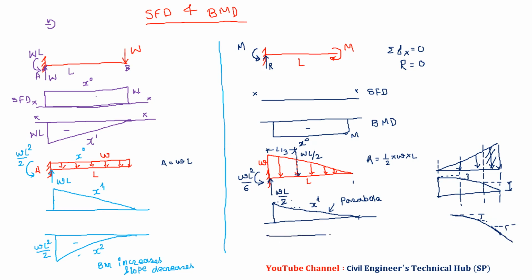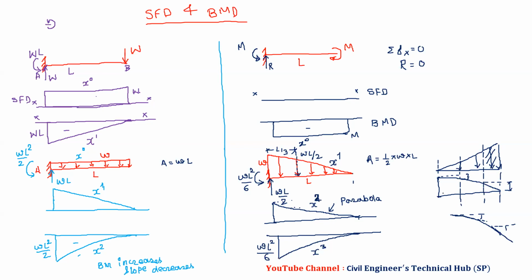And then we have the bending moment diagram. In the bending moment diagram, this is a parabola, x to the power 2. Sorry, this is x to the power 2 because already we have this as x to the power 1. Then if we go with this parabola, in this fashion it is x to the power 3, and the value we have is WL square by 6. Now you may ask what is the difference between a parabola and a cubic parabola. You cannot differentiate by looking; if you plot values, then you will see the difference between the two.